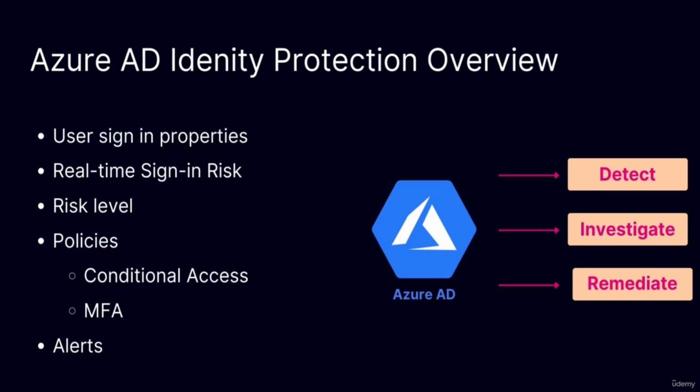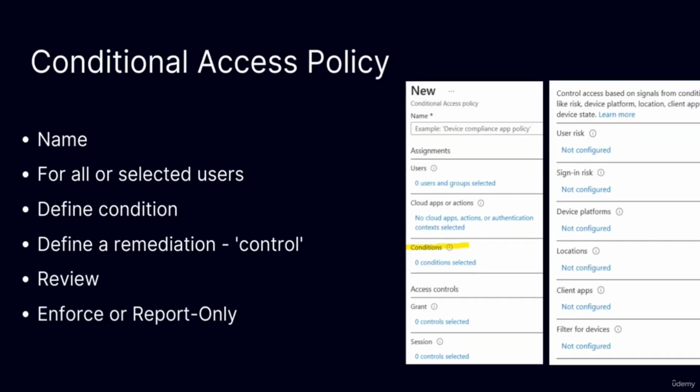It also can have policies that are configured by administrators, and these policies are conditional access and MFA policies. We're all very much familiar with MFA. I'll talk briefly about conditional access. And finally, it can generate alerts based on security risks.